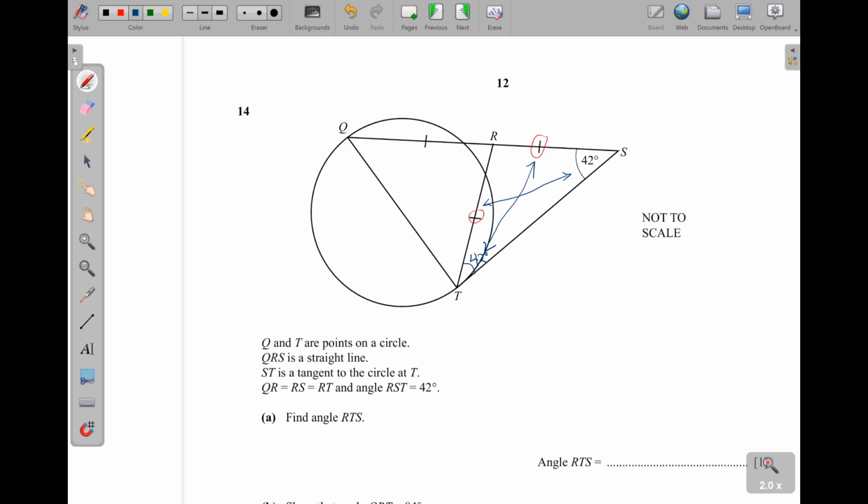They are saying find the angle RTS. RTS is actually this angle here. So I can say this one is equal to 42 degrees.